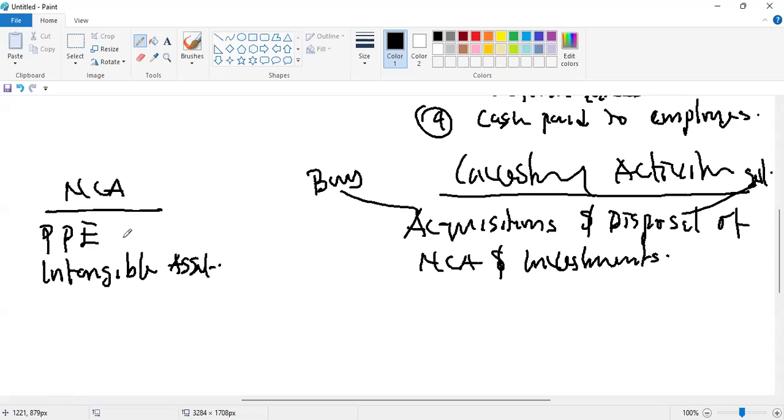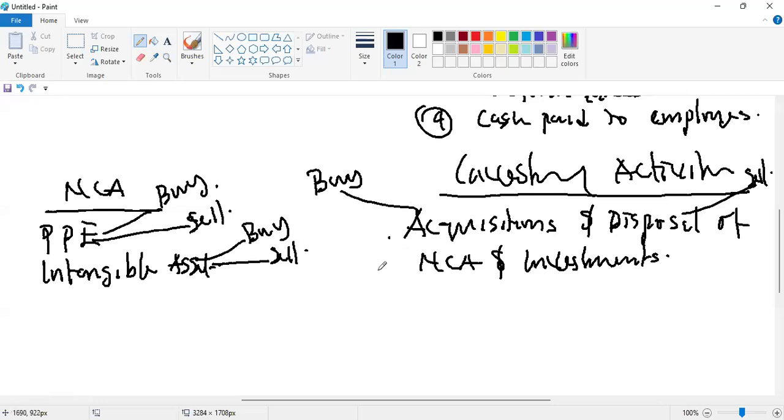Buy, sell, buy, sell. It's four. So don't forget, non-current assets can also be subdivided into two: tangible and intangible.